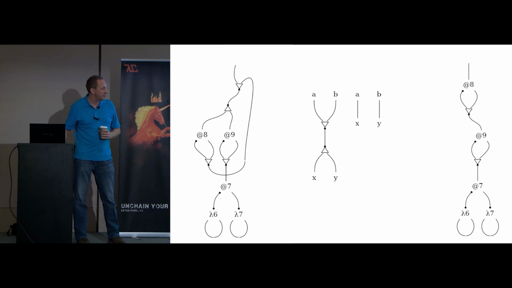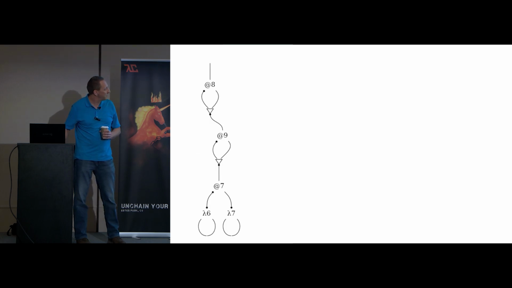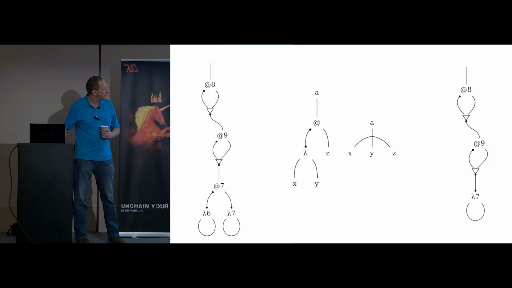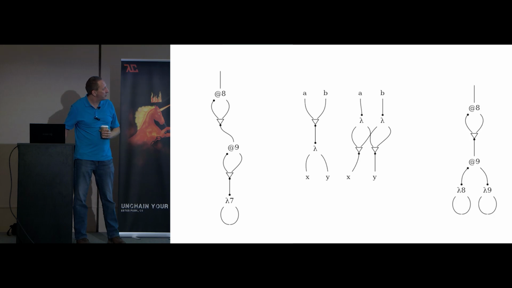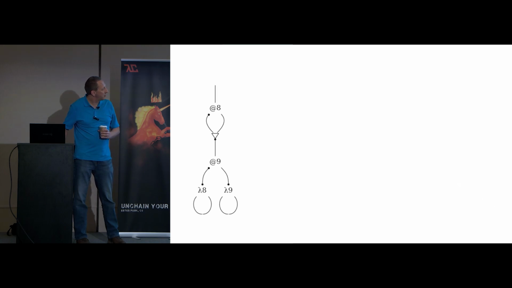And from here, it's just pretty straightforward. You apply a lambda to at application 7 to 6, and then that gives you just lambda 7, which then gets duplicated, which then you apply 9 to 8, and that becomes simpler, and then lambda 9 gets duplicated.